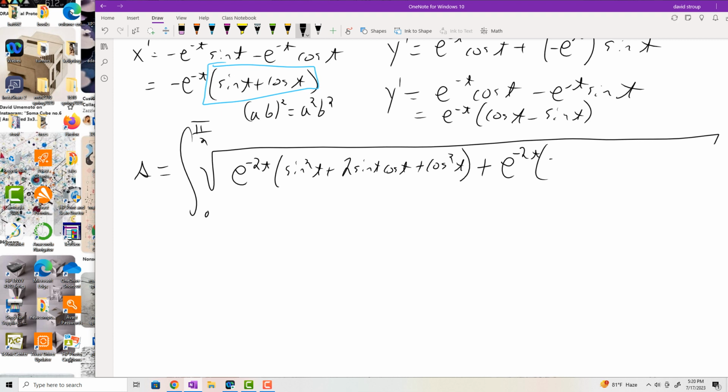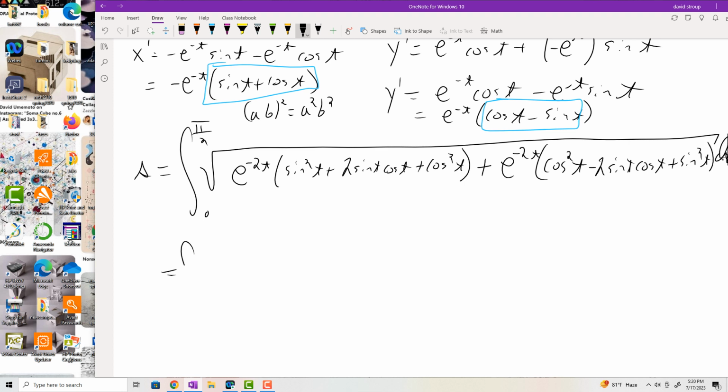And then I can FOIL out the cosine t minus sine t part. So it would be cosine squared t minus 2 sine t cosine t plus sine squared t, dt.